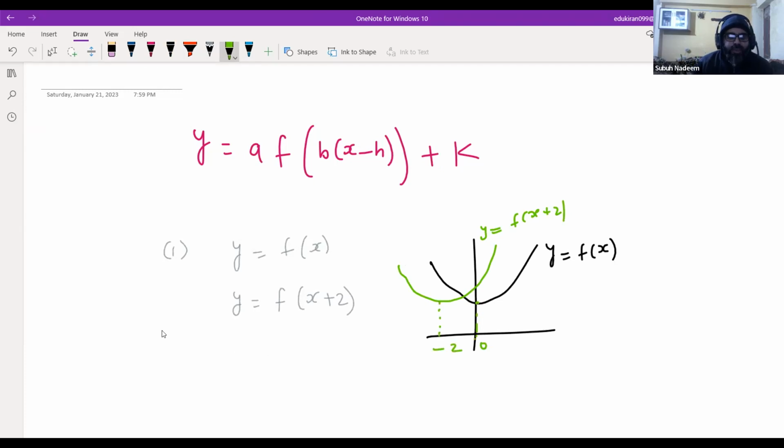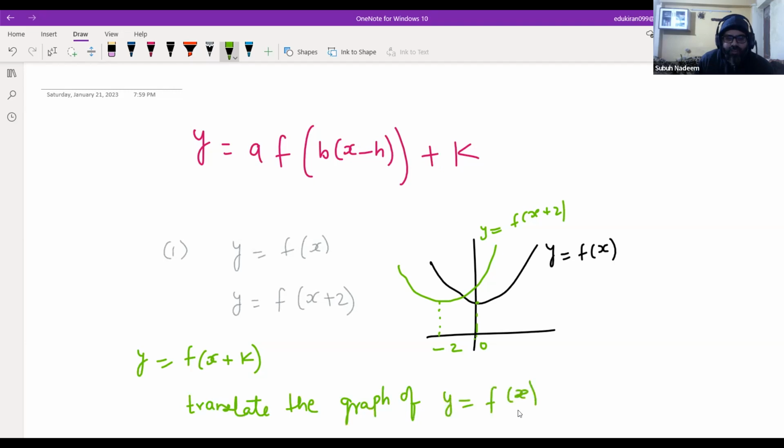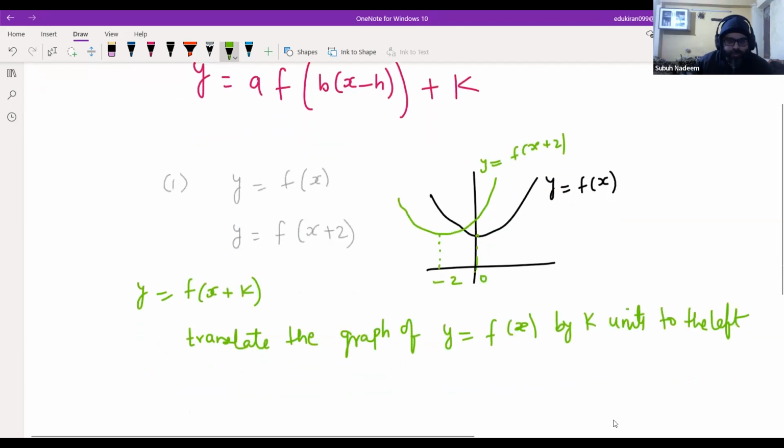So in general, if you need to draw the graph of y equals f of x plus k, then you will translate the graph of y equals f of x by k units to the left, if k is greater than 0.